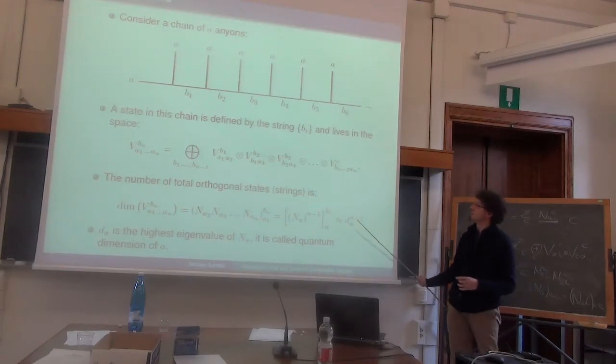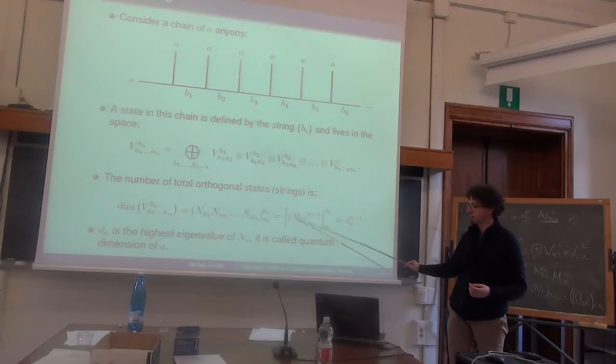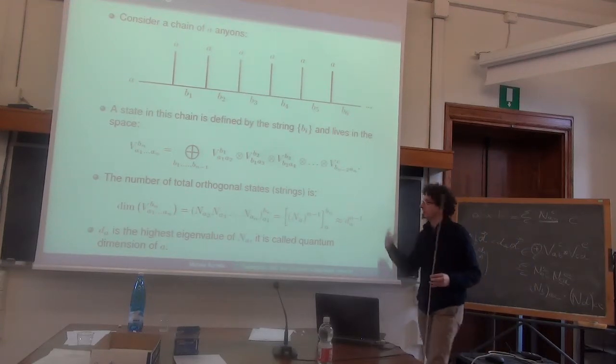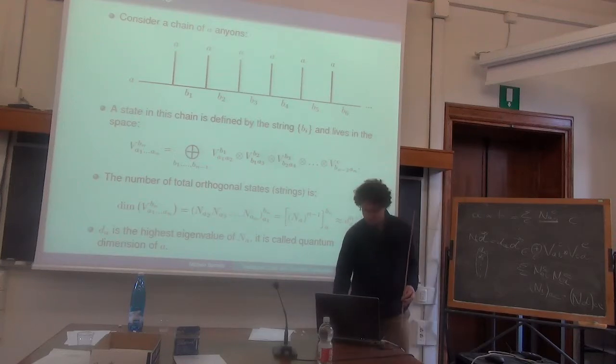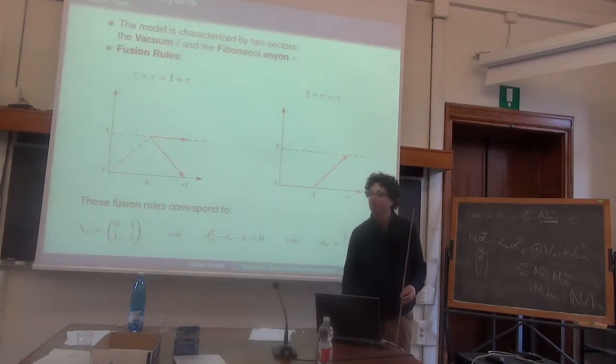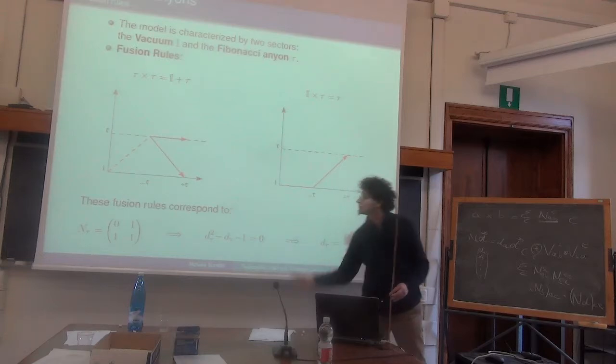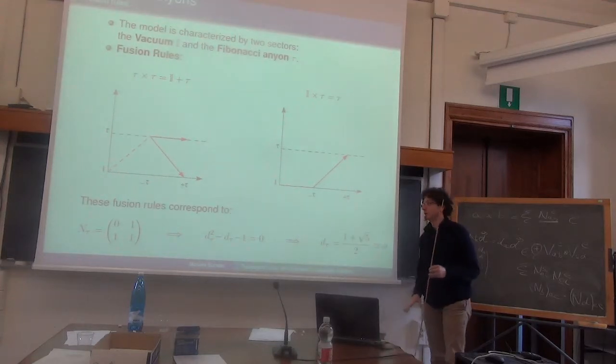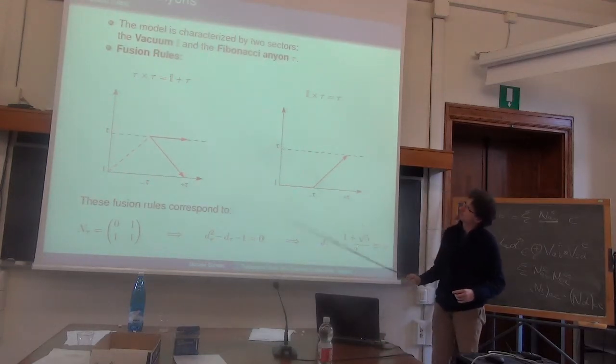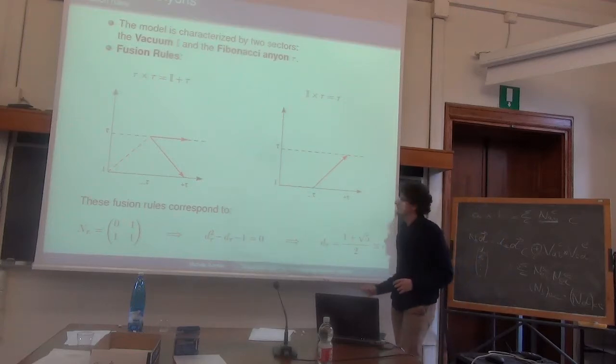So this is the definition of the quantum dimension of the anion A. It is the highest eigenvalue of its fusion matrix. And well, this is very abstract somehow, but I would like to specify it better with an example, which is the example of Fibonacci anions.